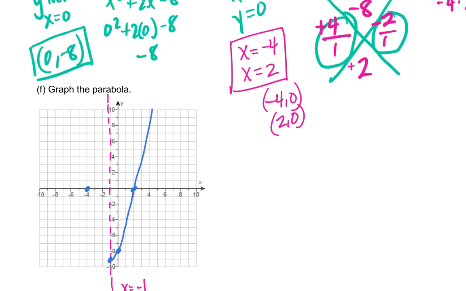So it's going to look something like this. Again, the 4 points should be enough to get an idea of what your graph should look like. But if this is my axis of symmetry, if I'm one step away here, I would need to be one step away here. So that's one way to get a better idea of what your graph should look like.